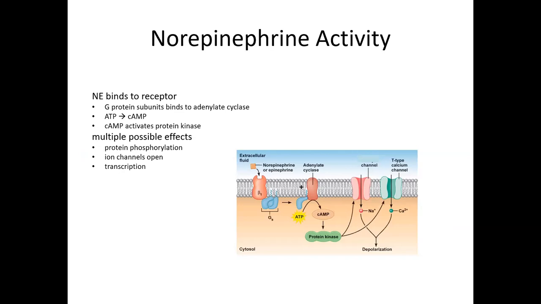Okay. So for us, it's not important to understand exactly how it's happening. I just want you to realize that adrenergic receptors are working through a second messenger system involving the G protein going to cyclic AMP going to protein kinases.